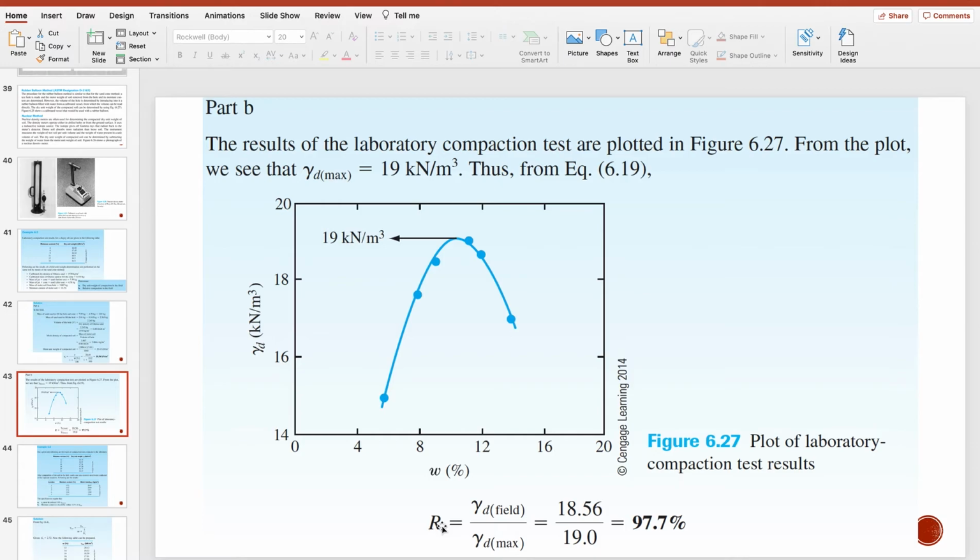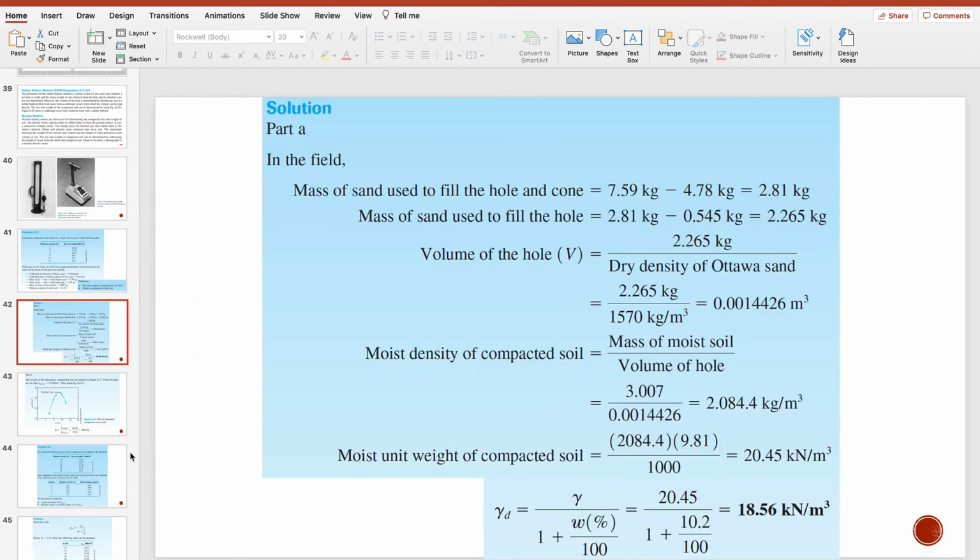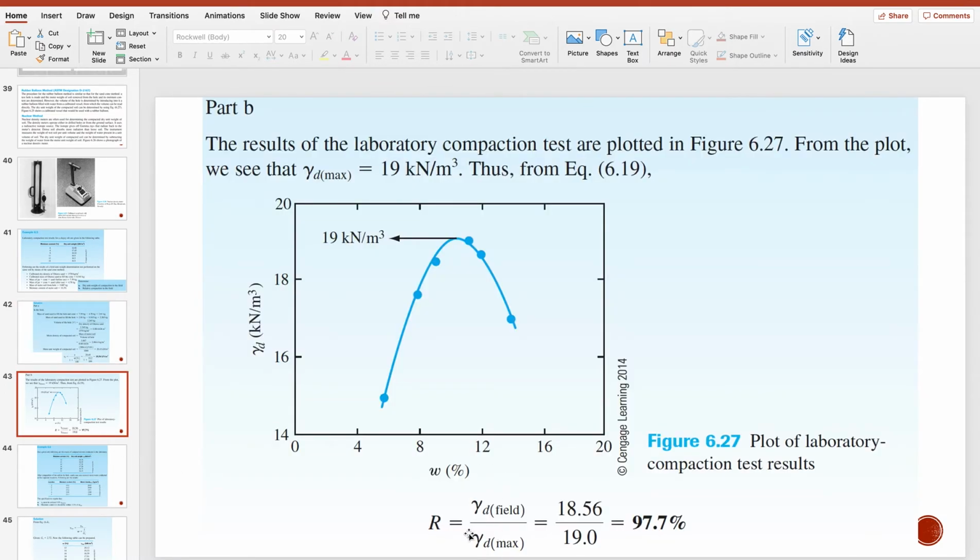So for the relative compaction R, the dry unit weight in the field, which is 18.56, divided by the maximum dry unit weight from the graph, which is 19. Therefore, your relative compaction is 97.7%, which is quite high, and that is very, very good.